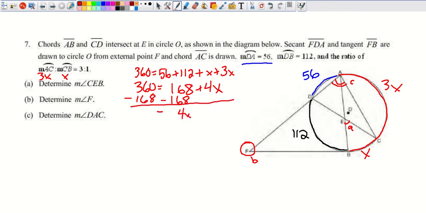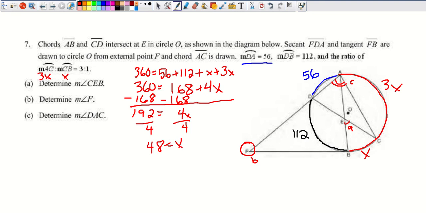Well, 4x equals 192. All right, and then we're going to go ahead and divide by 4 from there, and we should have our answer. Just double checking that it's 192, and it is. And this gives us 48 for x.